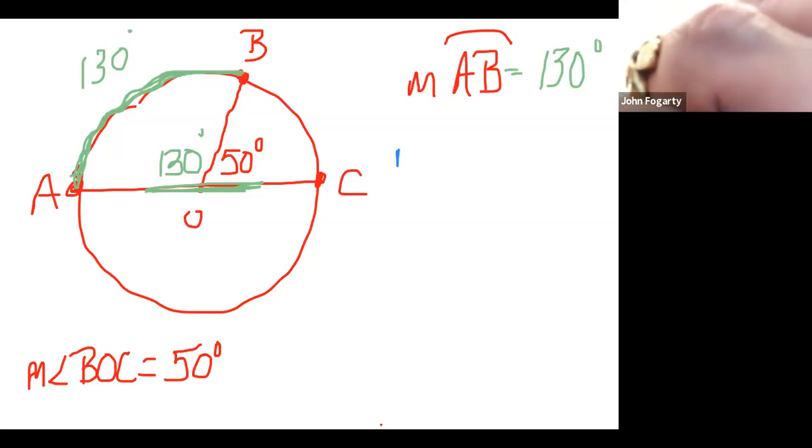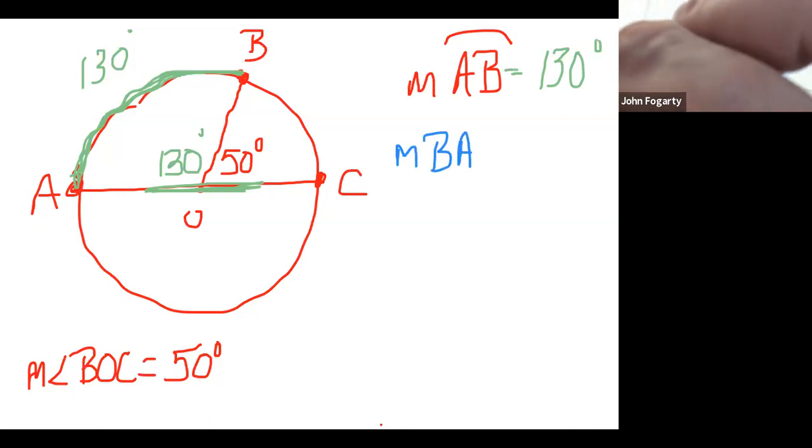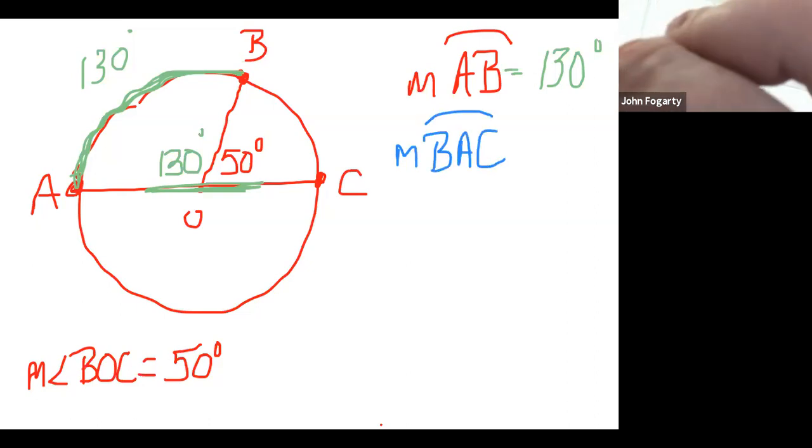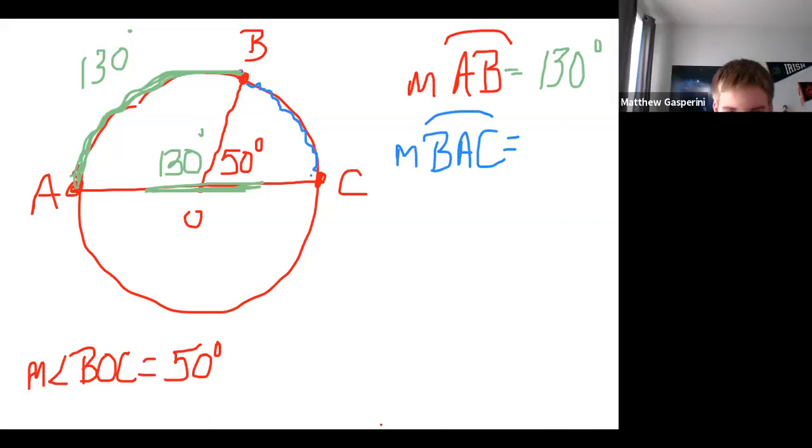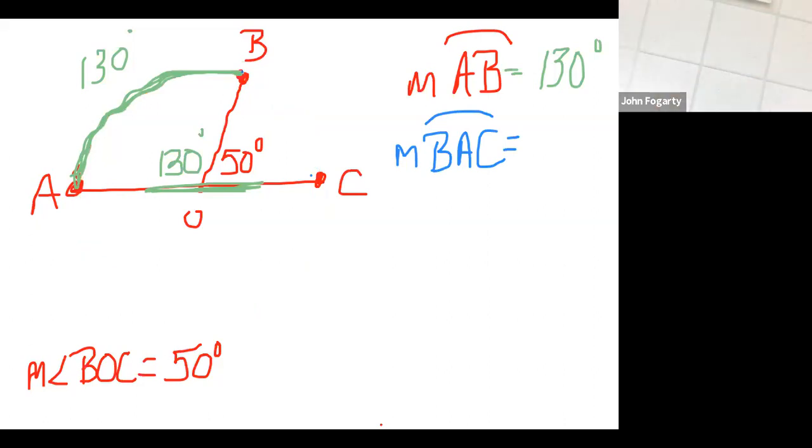Here's the next question for you. What's the measure of arc BAC? Well, which arc is BAC? It's from B to C. So it's this one, right? No. How do you know it wasn't that one?